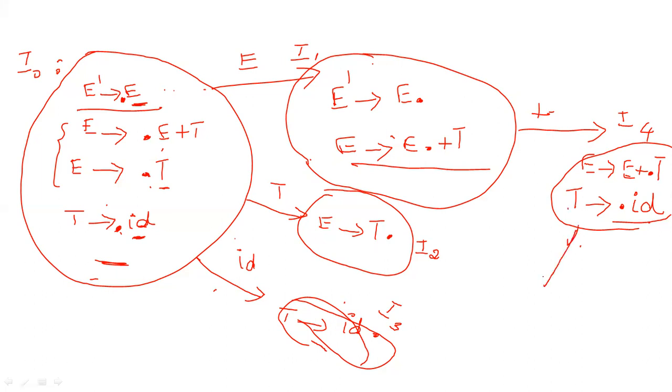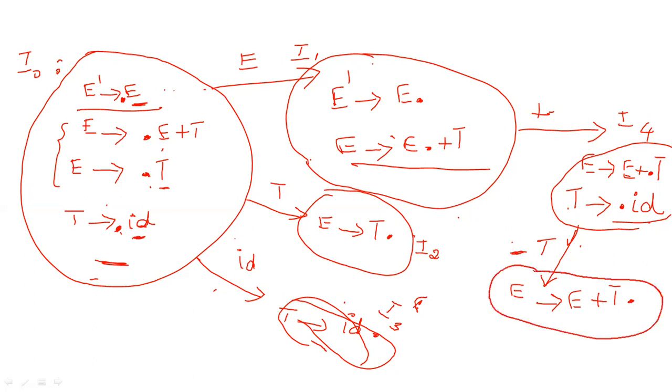For this I4, what should I do? Analyze it. After the dot, there are two symbols: one is capital T and another one is ID. If I give T as input, what will happen? E implies E plus T dot. Now after the dot, there are no more symbols, so you can name it as I5.